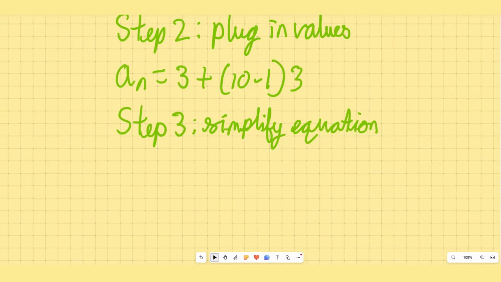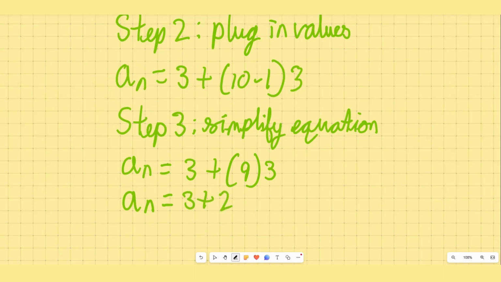So a sub n is equal to 3 plus 9 times 3. So a sub n is equal to 3 plus 27, and a sub n is equal to 30.